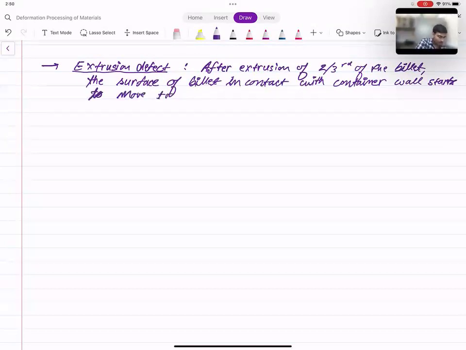Since this contains several oxides, these oxides also start to flow into oxide stringers, which are entrapped in the extruded product or extrusion part.